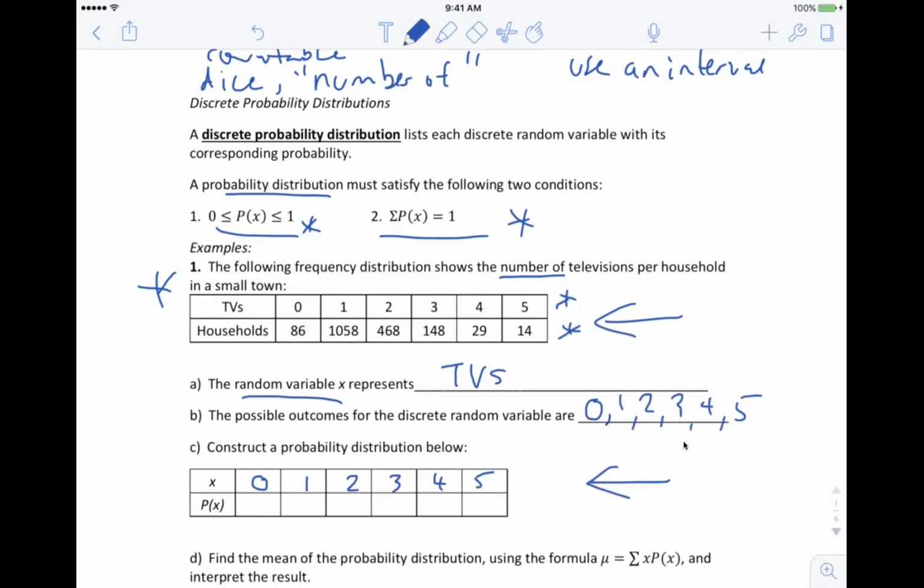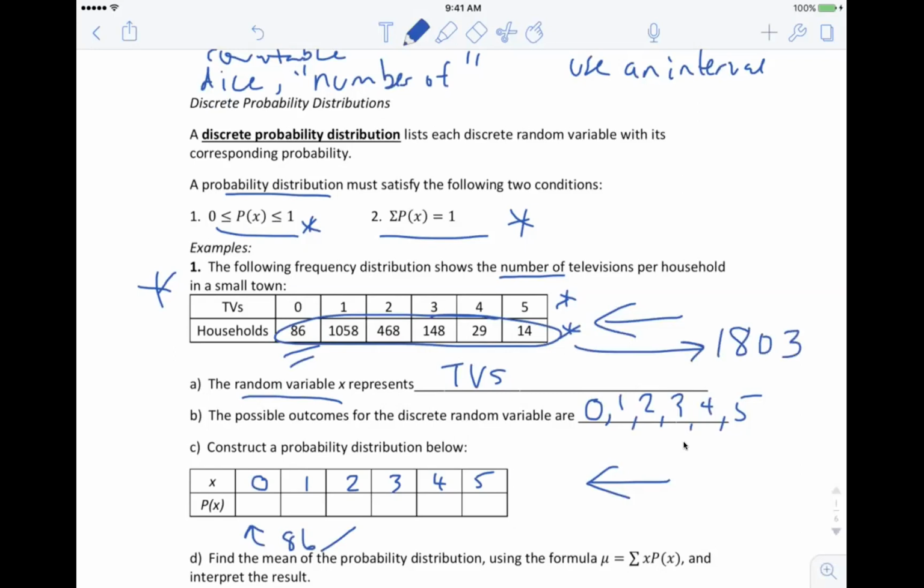Now what I want to put for my probabilities is the probability of selecting a household that has, say, 0 TVs. So for this one, I'm going to take that 86 from here, and divide it by the total frequency. The total frequency is if I add up all of these, right? I already did it ahead of time, that is equal to 1803.